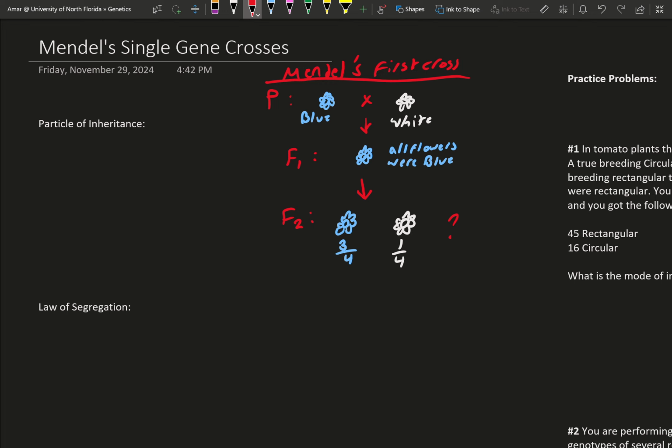What he came up with is something called a particle of inheritance, also known as an allele.